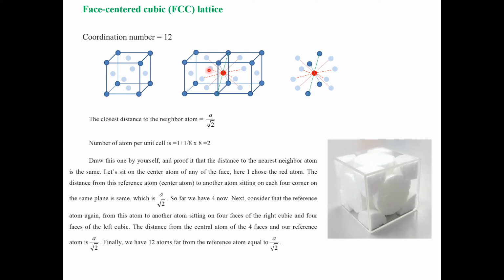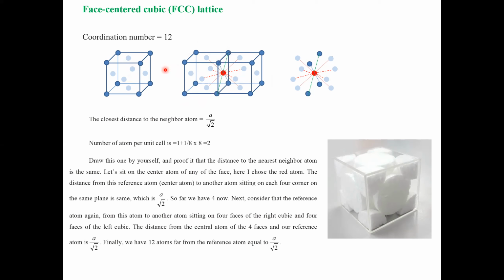And then we go, so this is the left box. So we go to this atom, right, on the back, on the back. And this is in the front of the left box. So this one. So we have 1, 2, 3, 4, 5, 6.